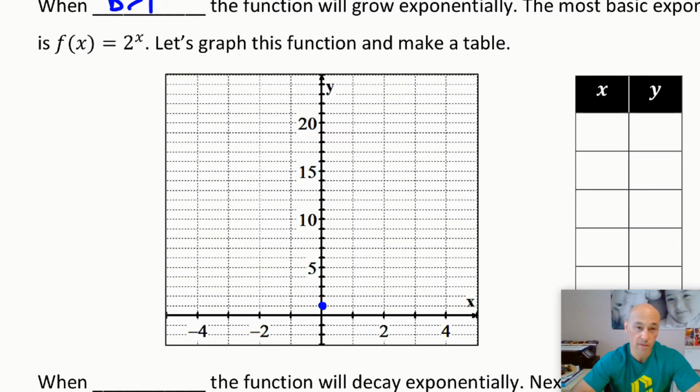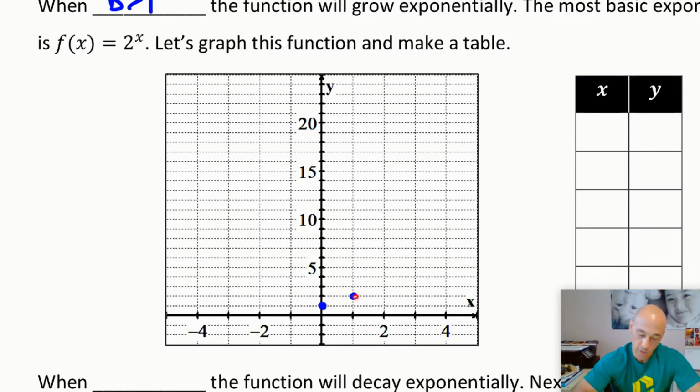Because our b value is 2, the multiplier is 2. From this point, when we move to the right 1 unit, we multiply our y value at this point by 2. Our y value is 1, so our y value here must be 2.